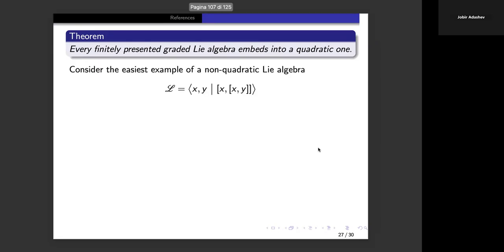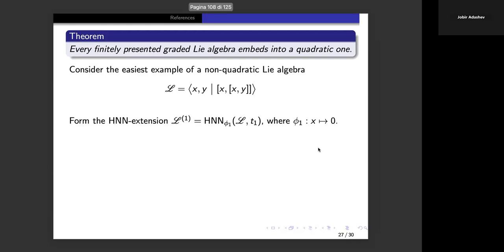So let's consider the easiest example of a non-quadratic Lie algebra. It is generated by the minimal possible number of elements, so 2, and it has a single non-quadratic relation. This is the easiest example. So we want to get rid somehow of this degree-3 relation.